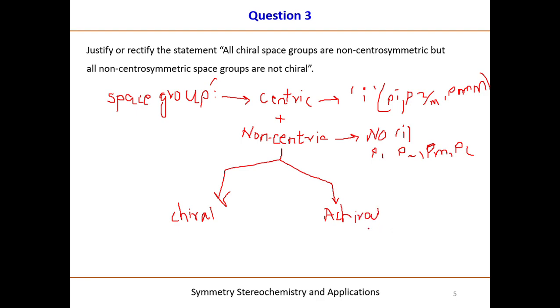Chiral molecules do not have a mirror plane. As I told you, chiral molecules do not have a mirror plane.